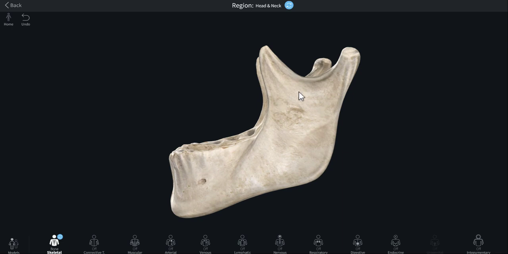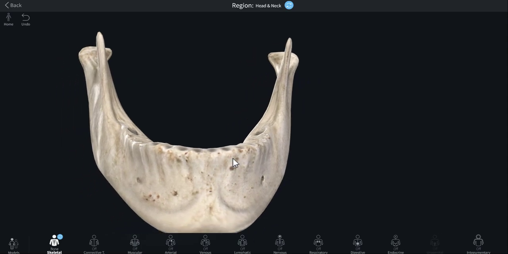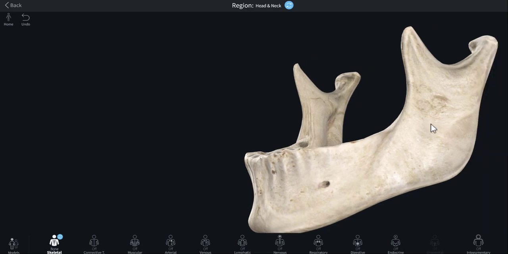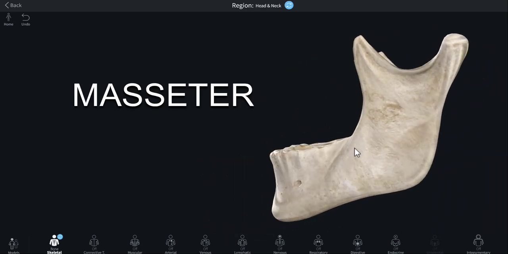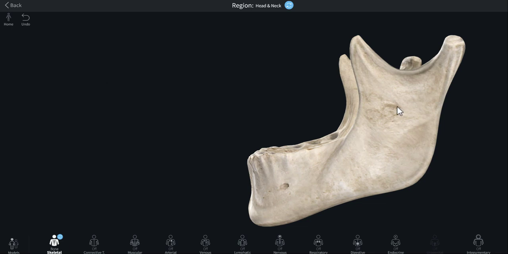All right. So the lateral surface of the ramus, firstly, we have to know the muscle which is attached to the lateral surface of the ramus. Very famous muscle. This muscle is known as the masseter muscle. Masseter is a very important muscle.